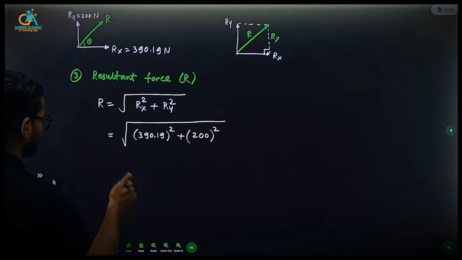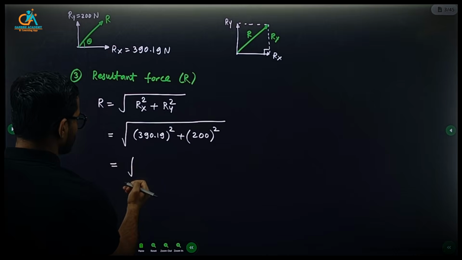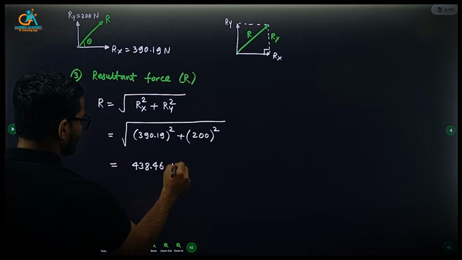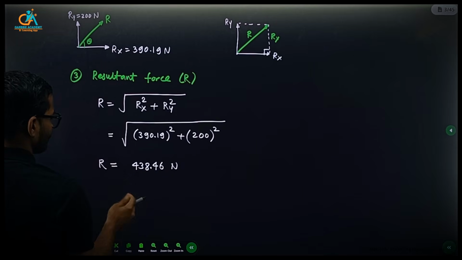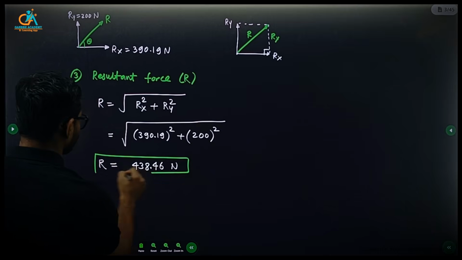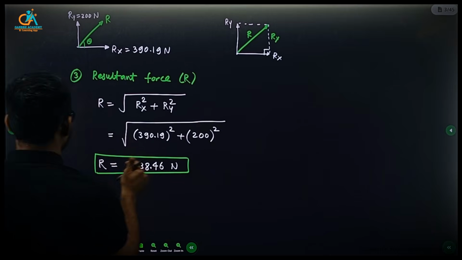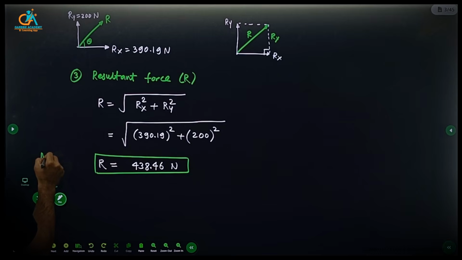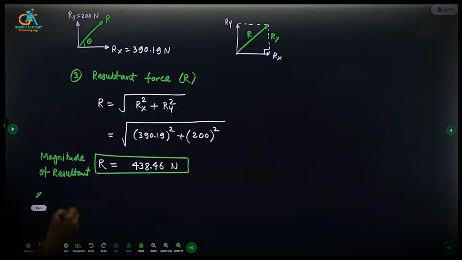So as it seems, the answer is 438.46 Newton. This is called the magnitude of the resultant force.